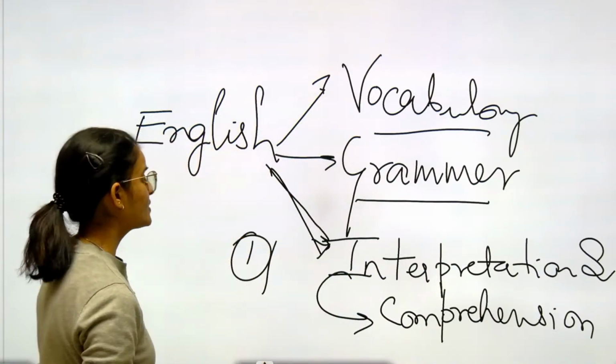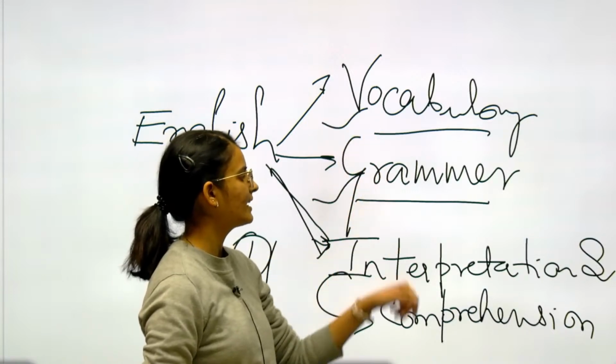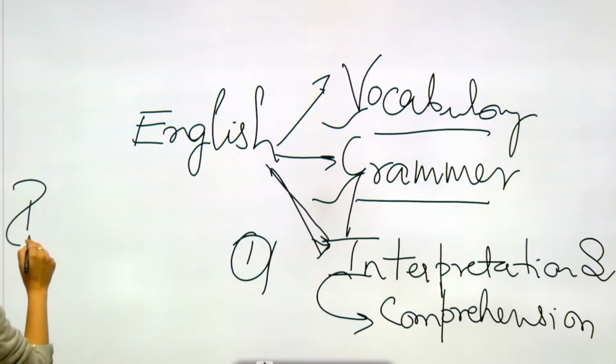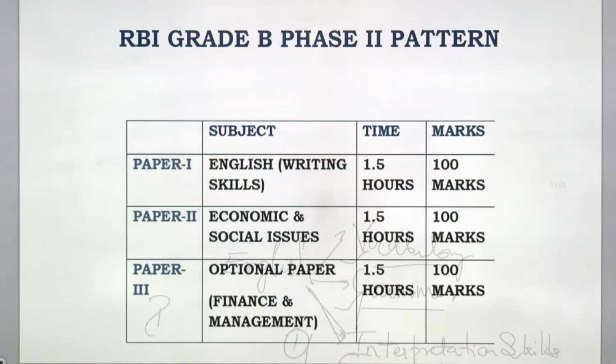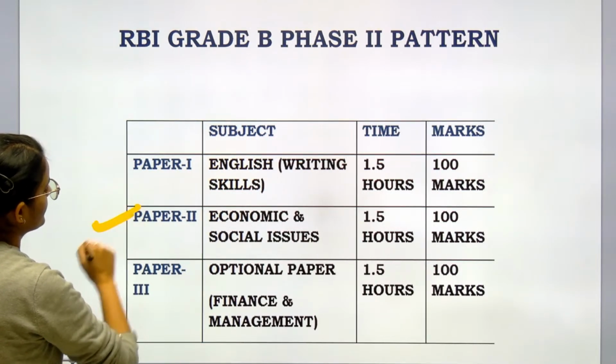Content is also important, but the basic purpose of the English subject is to check your vocabulary, grammar and interpretation skills through comprehension. For English we will discuss strategy later. Let's just read the modules first.